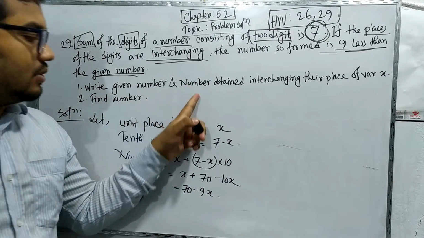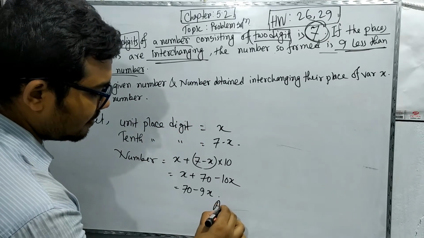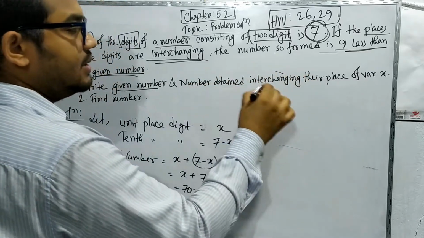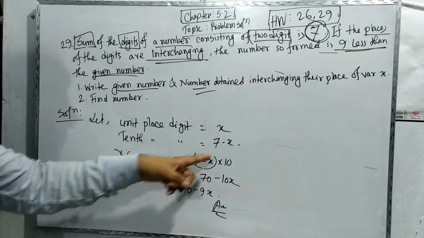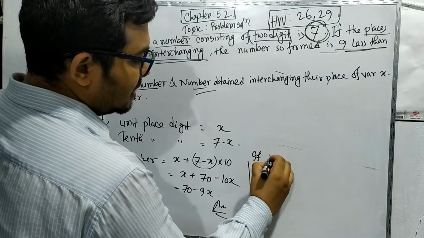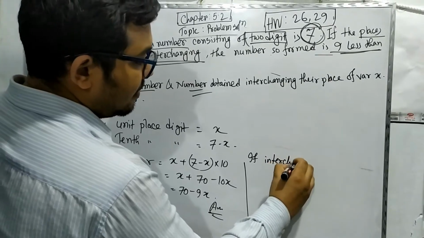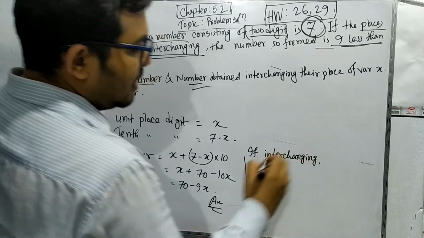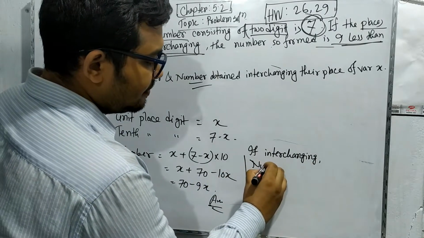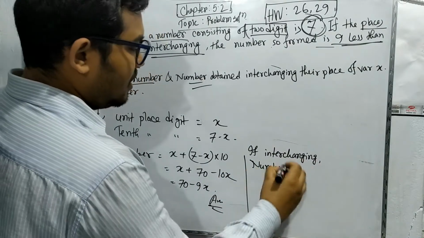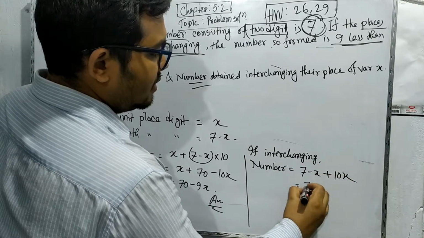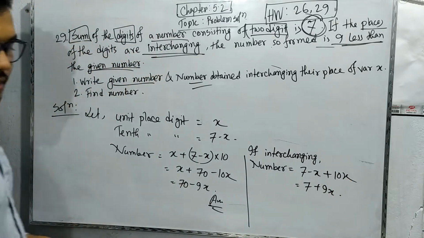Now, this is the given number, and if the digits are interchanged, what will be the number? If interchanged, the number will be 7 minus x plus 10x, that is 7 plus 9x.